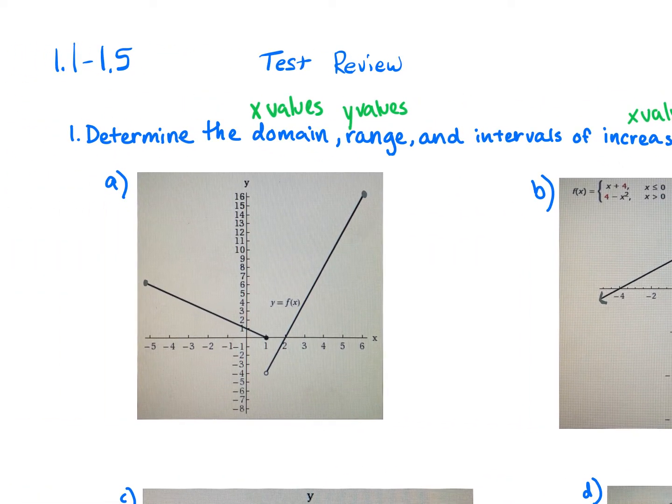So looking at A, starting with the domain, we move from smallest to largest. So we start all the way to the left. Our smallest value here for our domain would be -5. And because that is a closed circle, we put a bracket because it's including -5.